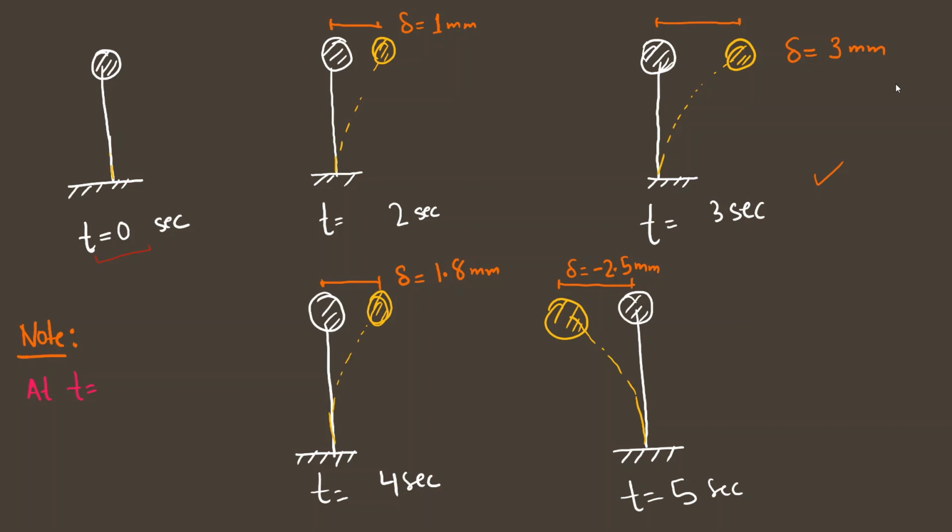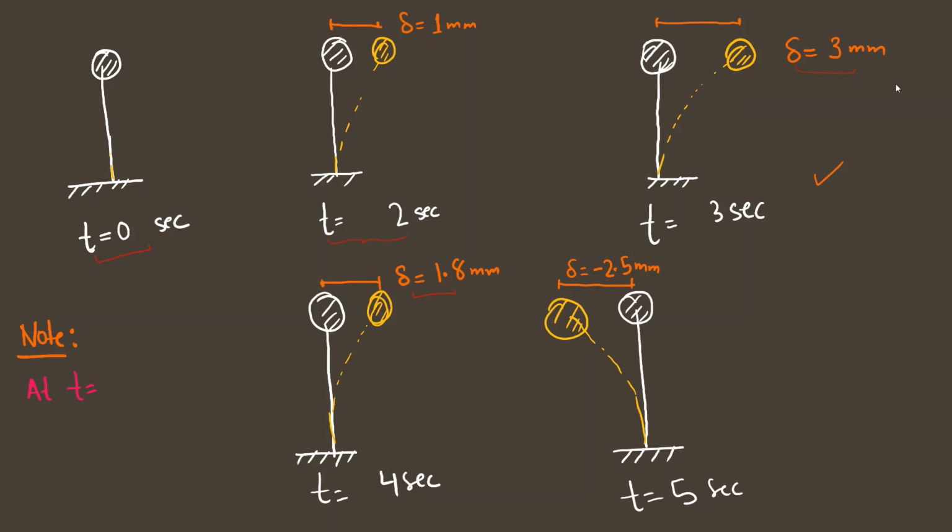When the load is applied at 2 seconds, the deformation is 1 mm, and at t equals 3 seconds the deformation is positive 3 mm, and then at t equals 4 seconds it is 1.8 mm, and at t equals 5 seconds it is minus 2.5 mm.